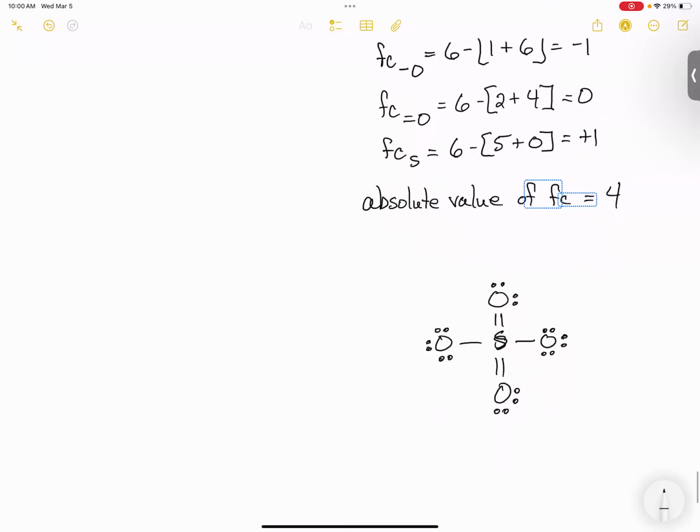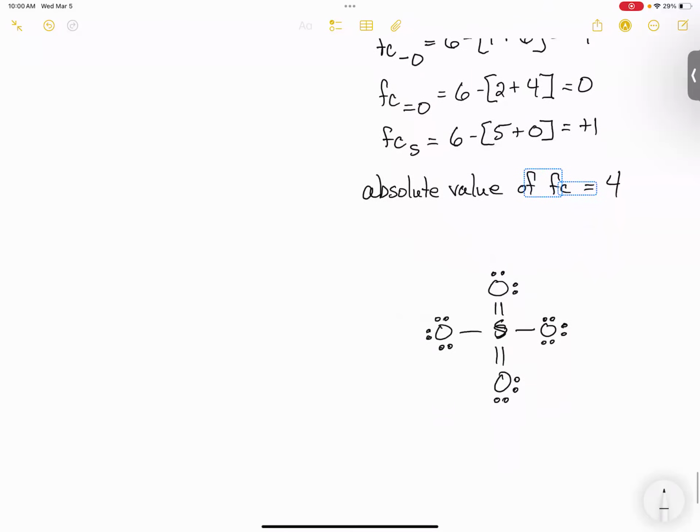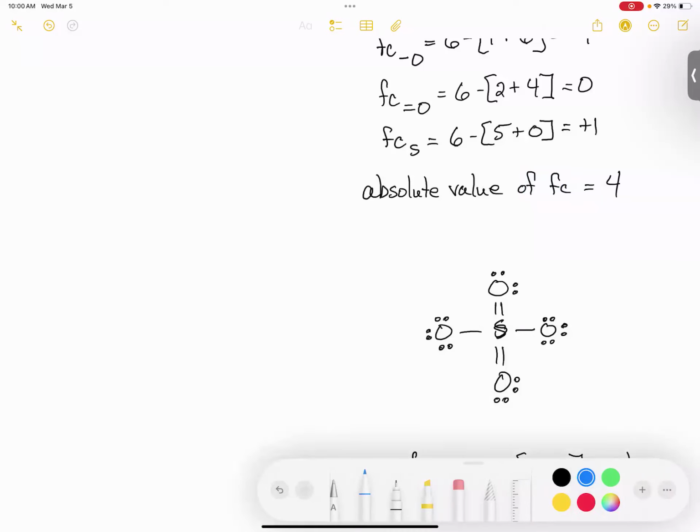Because we altered this structure, we now need to calculate the formal charge. So let's do the formal charge for our single bond oxygens. It is 6 valence electrons minus 1 for every bond. It has 1 bond plus 1 for every dot. It has 6 dots. So the single bonded oxygens still have a -1 formal charge.